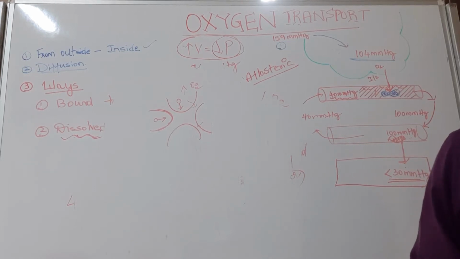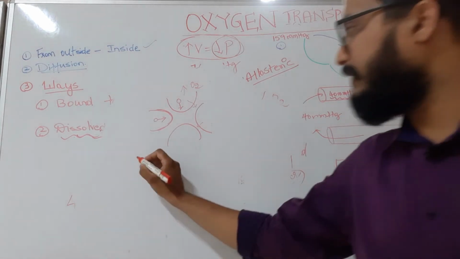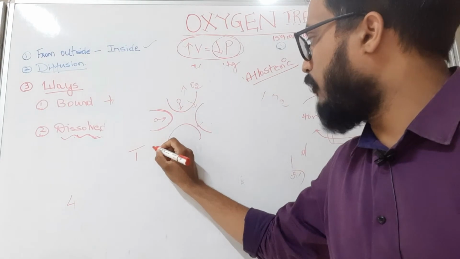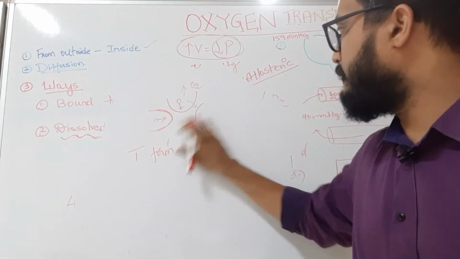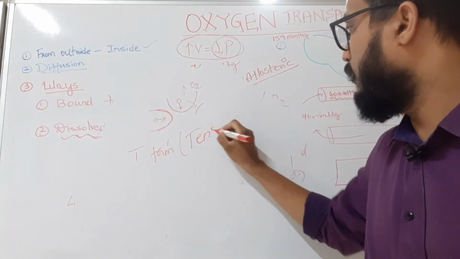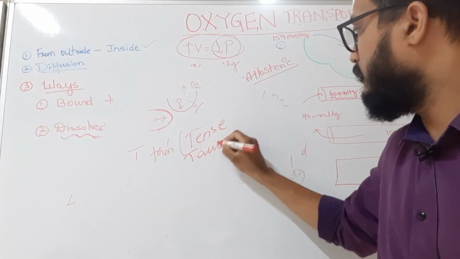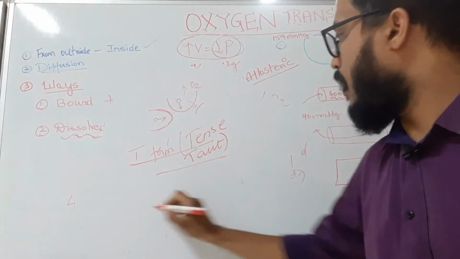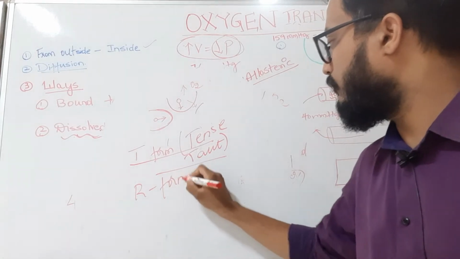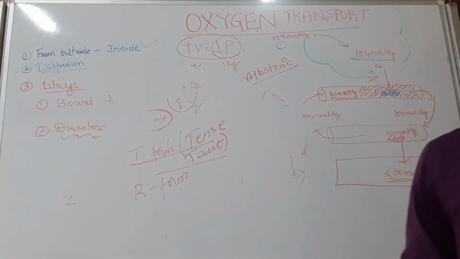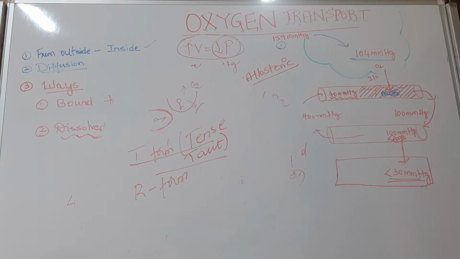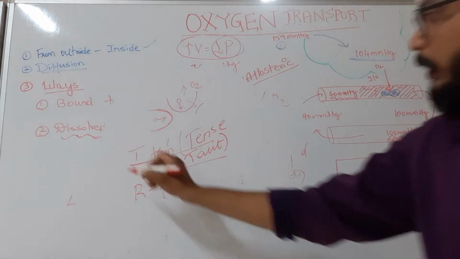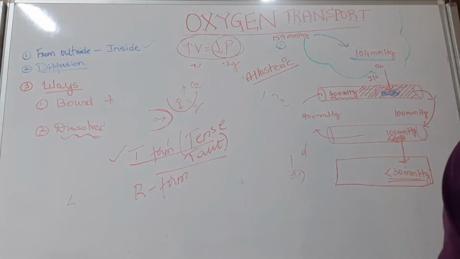Therefore, the quaternary structure of the hemoglobin molecule is differentiated as either the T form, T stands for tense, or the R form. So, what do we mean by the T form or tense form of the hemoglobin?